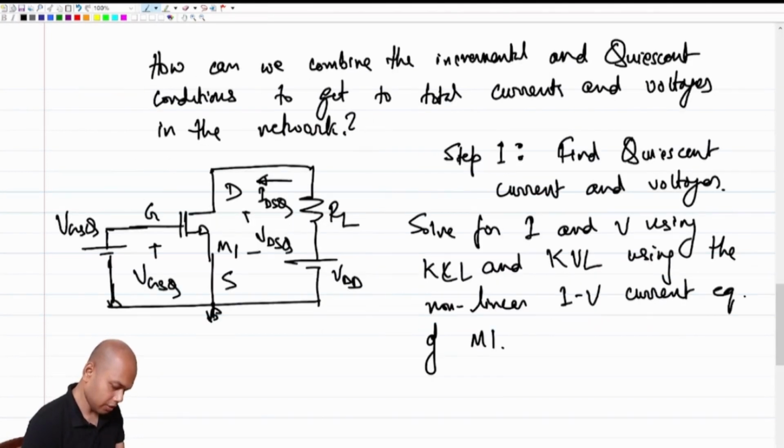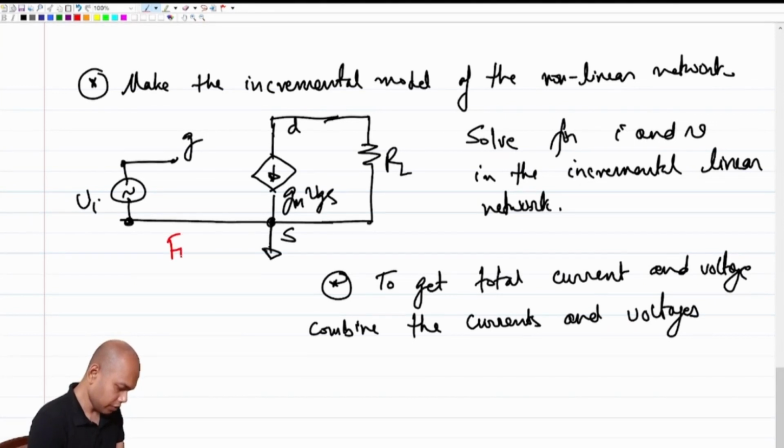Let me also mark the figures, that would be helpful. This is figure 1. This is figure 2.